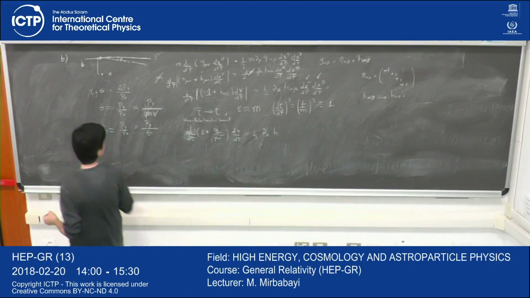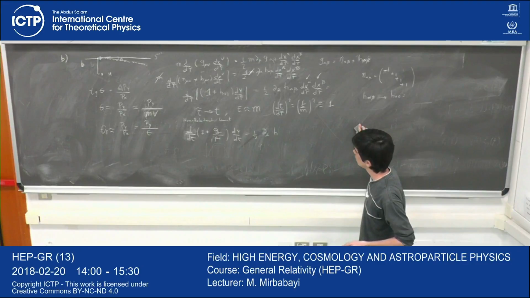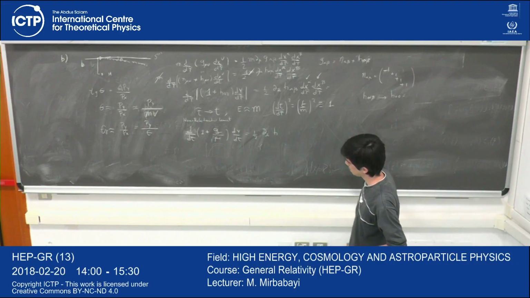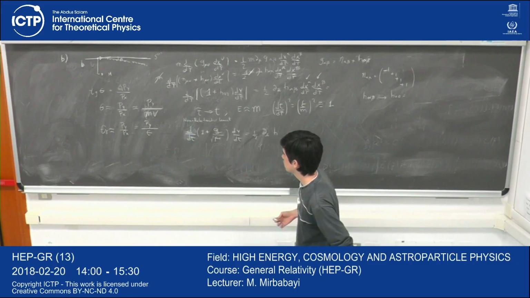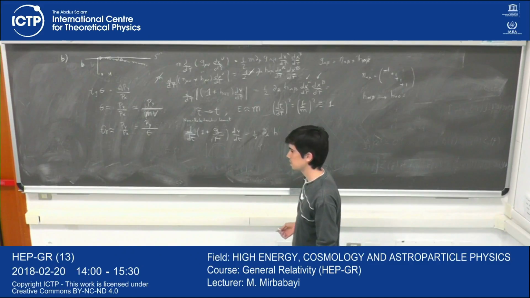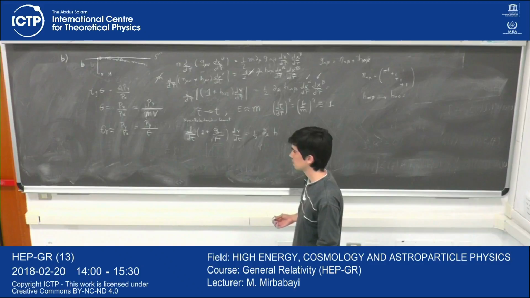Because we know that H is small, and we are in the non-relativistic limit. With this information, we should be able to find a simple equation of motion, and then we can plug in what H is. But first, let's just keep H as some unknown function.